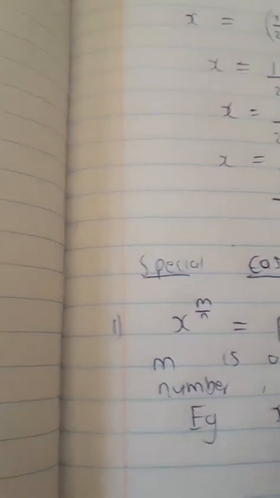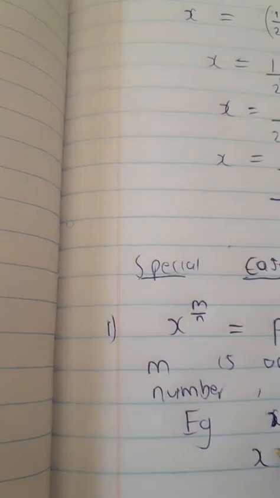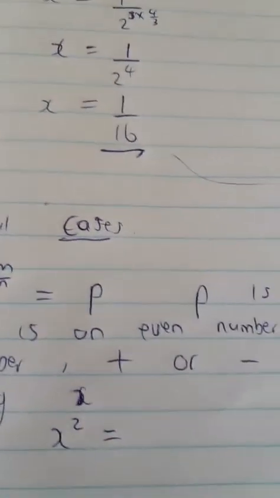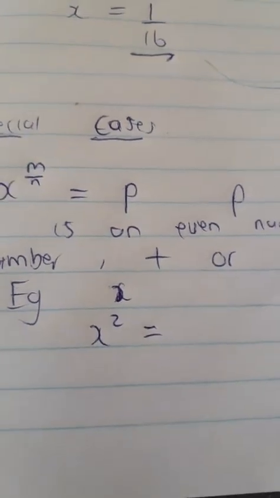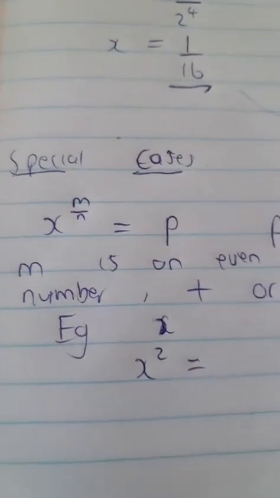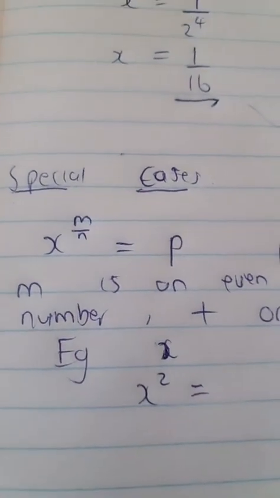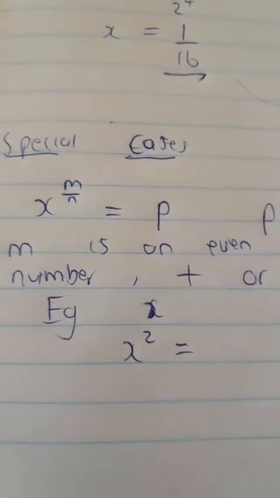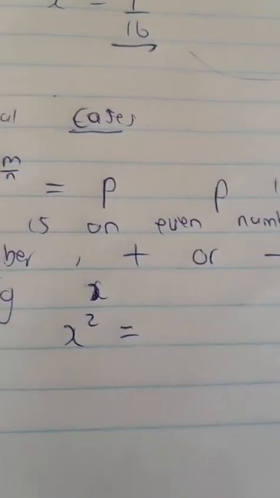So let's look at this so that you guys can appreciate what we mean. Don't worry, I'm going to explain the concept again. I just want to look at the example, and then use it to reiterate or explain what I've just mentioned about this special case.